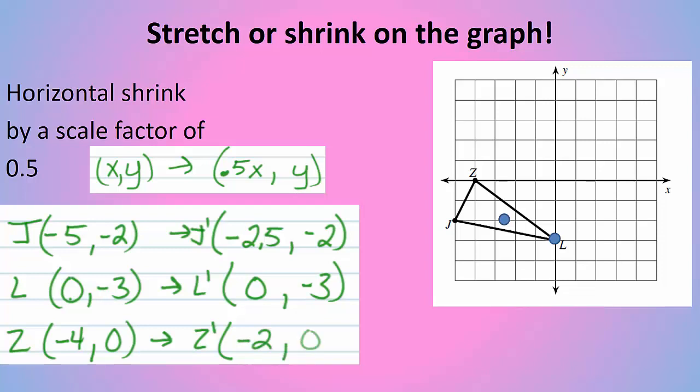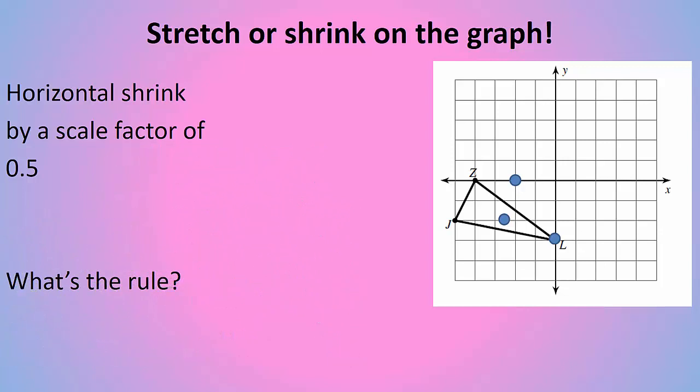Plug in our y of 0. So we should have an ordered pair at (-2, 0). Now we can connect our dots, label our primes, and have a concluded problem.